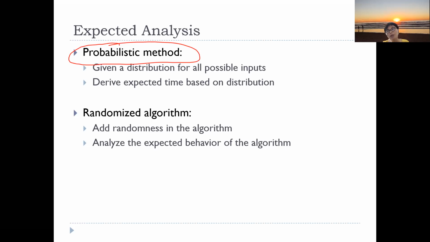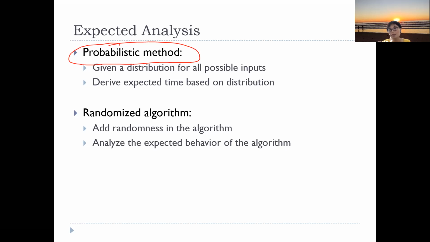Alternatively, there's another family of algorithms, the so-called randomized algorithms. What a randomized algorithm does is this: for your input, you may never know the distribution. If you are handling data of patients coming from, say, San Diego, a priori you have no idea how that distribution would look like. So we cannot assume that we know it. Randomized algorithms say that your input can be anything, but in the algorithm, I'm going to add a little bit of randomness.